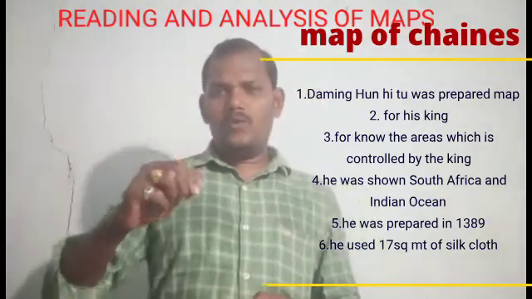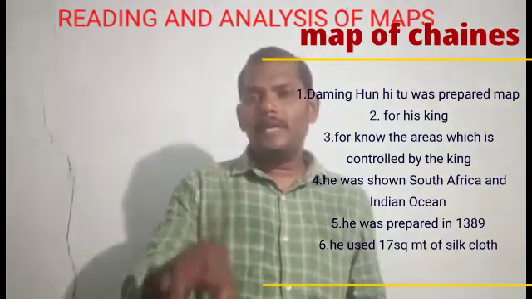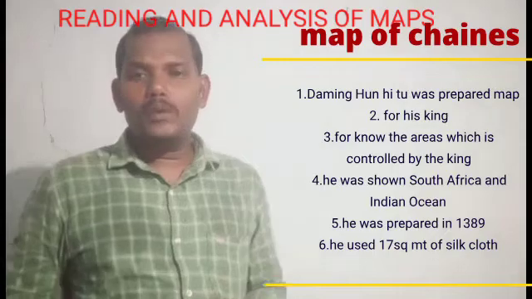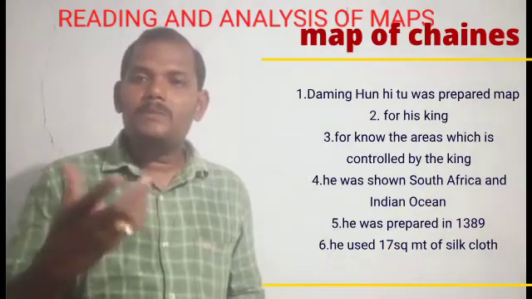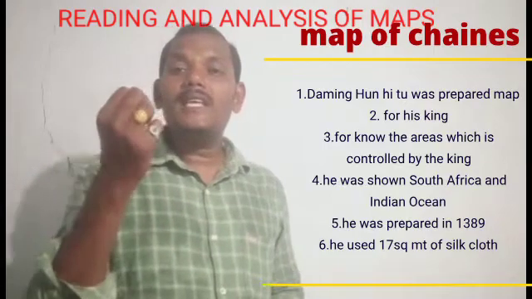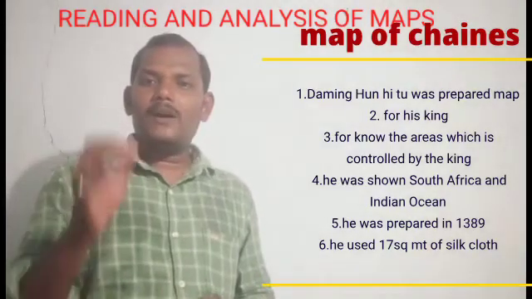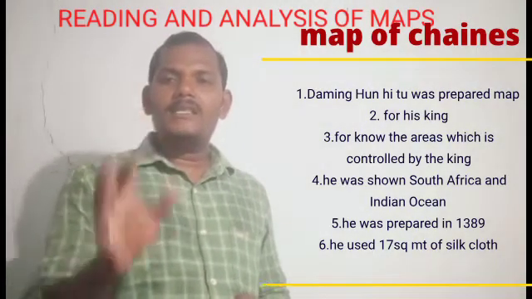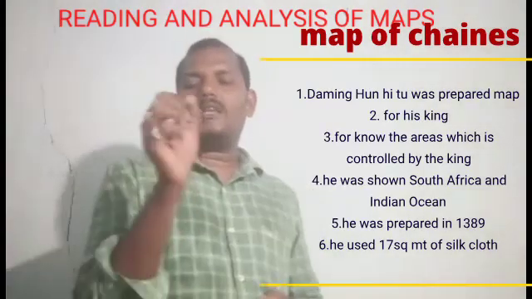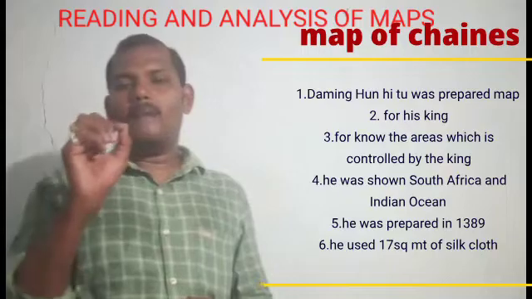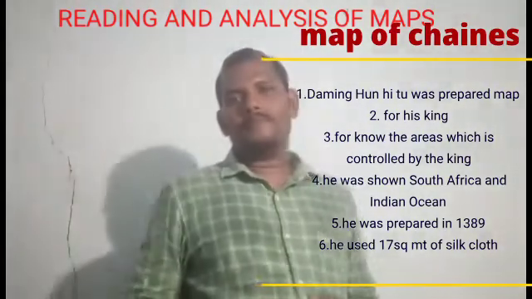Okay, next, who prepared the map? Daming Han Yitu prepared the map. Where did he prepare it? On silk cloth. This is one of the important points here. Nearly 17 square meters of silk cloth he used to make the map. And what is the importance of his map?